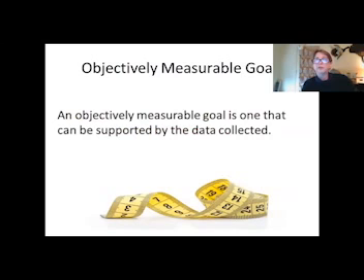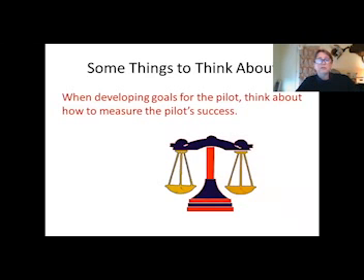Again, based upon GAO's recommendations, agencies need to collect data to support the goals of the pilot, and the Commission has found this to be a concern for pilot proposals that we've seen that did not contain objectively measurable goals. Some things to think about: when developing goals for the pilot, think about how you're going to measure them.